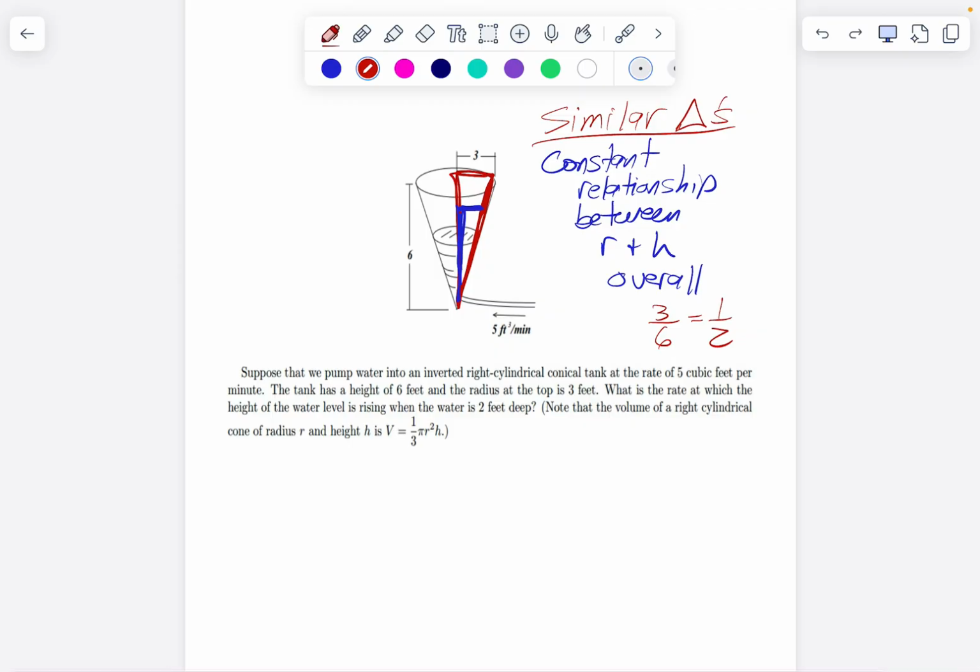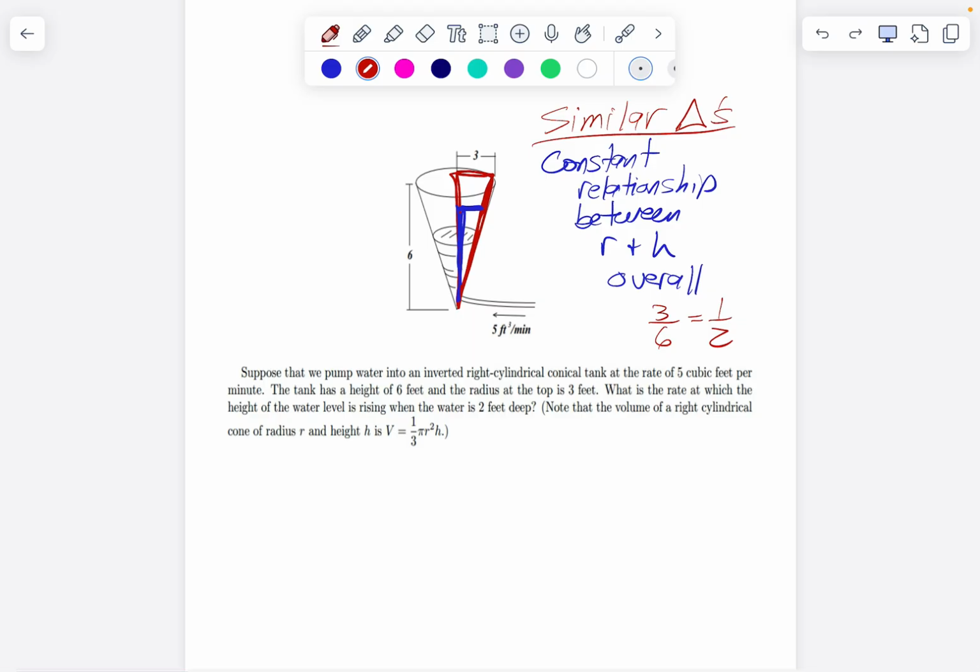But I want to add something to this. I didn't want to give it away on Friday, but now we need it for our work. So when you do these cone ones, in particular this way, basically you have to note that the relationship between the radius and the height stays constant as we fill this tank or drain it if this is a draining problem.